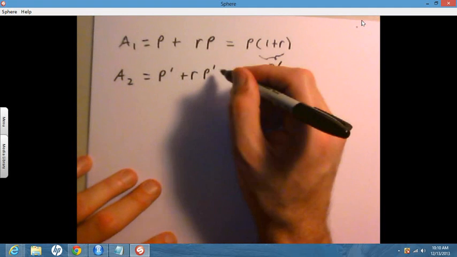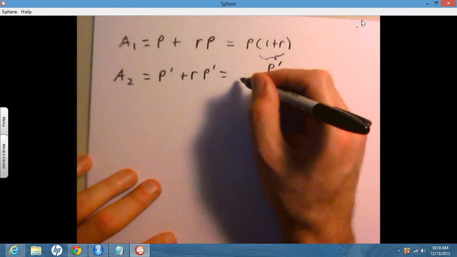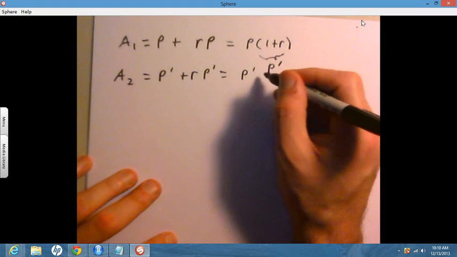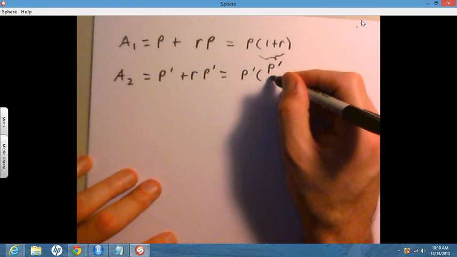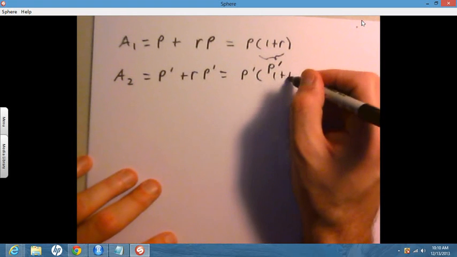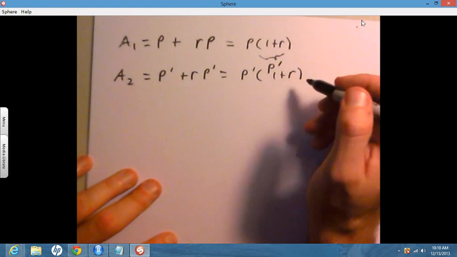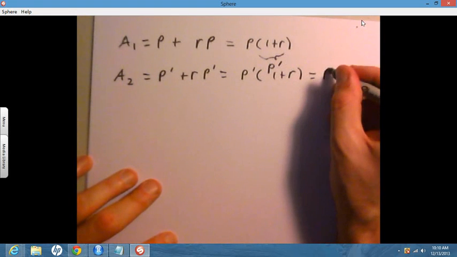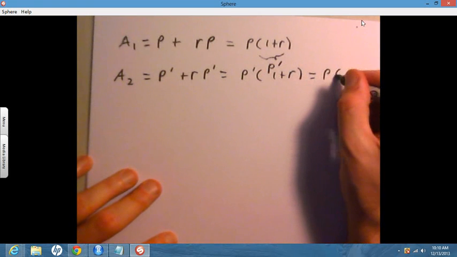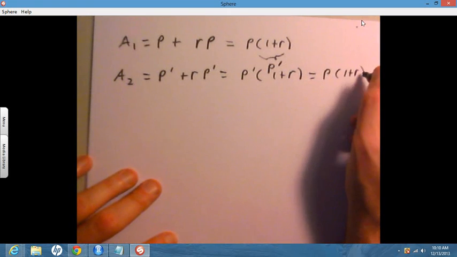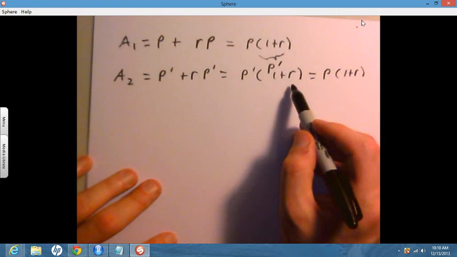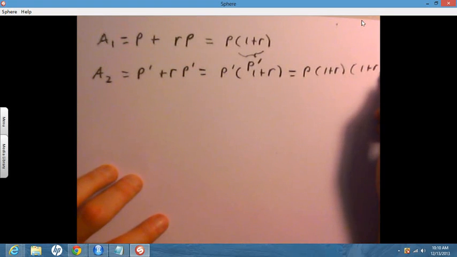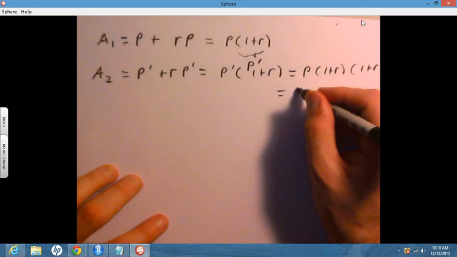Well, again, I'll factor out P prime, and I get P prime times 1 plus r. Well, P prime is equal to P times 1 plus r. So this is going to be equal to P times 1 plus r, which is P prime, and I'm multiplying again by 1 plus r, which is equal to P times 1 plus r squared.